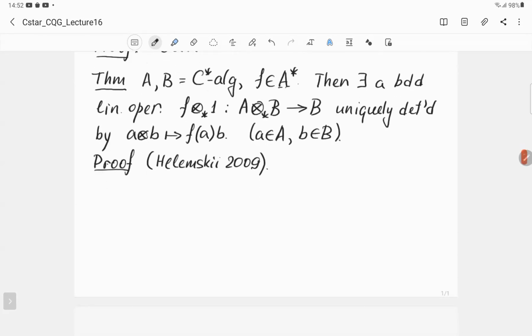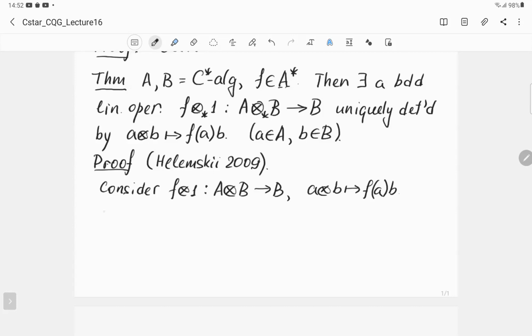So we consider, first of all, the respective map on the algebraic tensor product, f tensor 1, which takes the algebraic tensor product of A and B to B, and it is uniquely determined by the following formula. Clearly, this map exists and is unique.